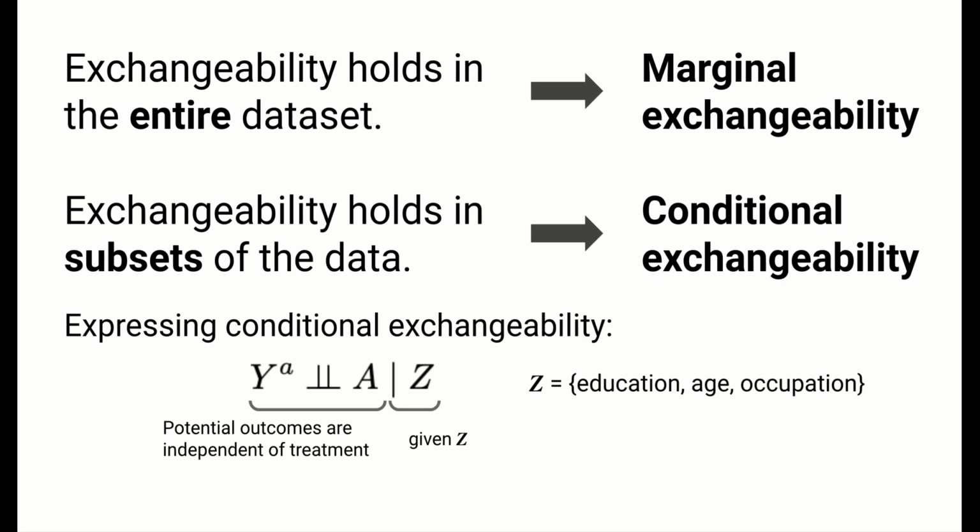In our example, Z was the education variable, but in practice, Z will need to contain many variables. In another data setting, subsetting the data by amount of education alone would likely not be enough to see exchangeability in the subsets. It may be the case that exchangeability does not hold even within education subsets because age and occupation also affect income and differ between the program users and non-users.